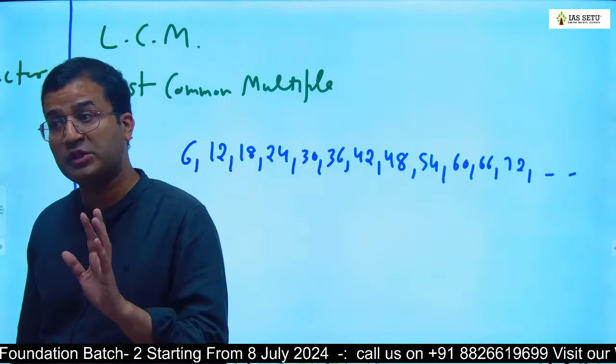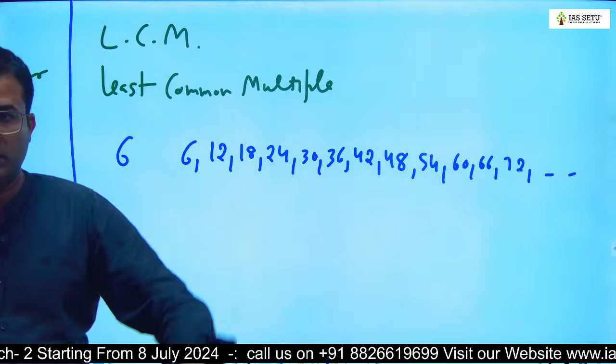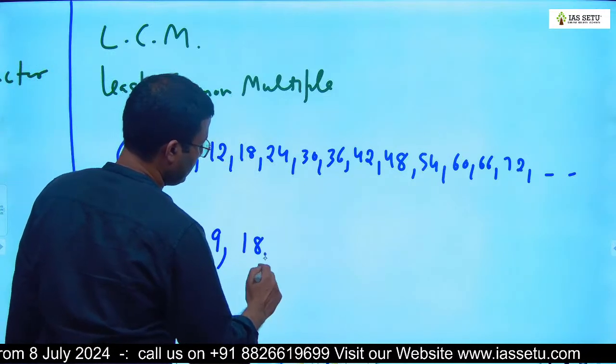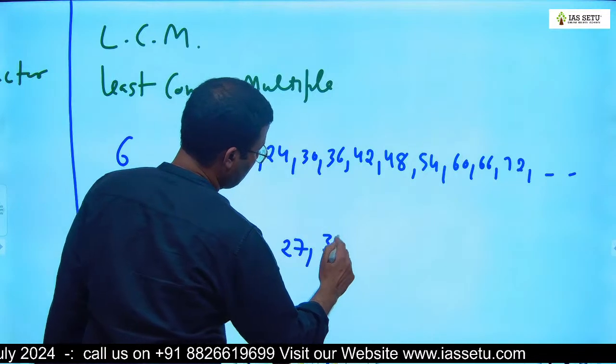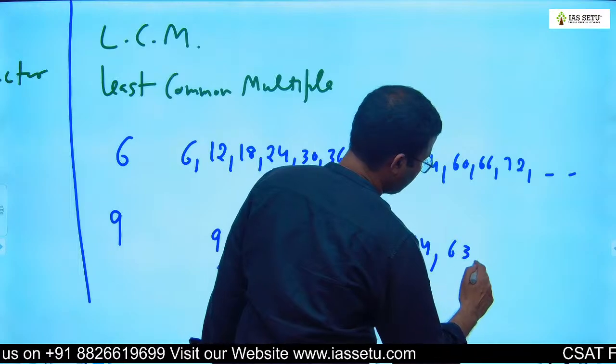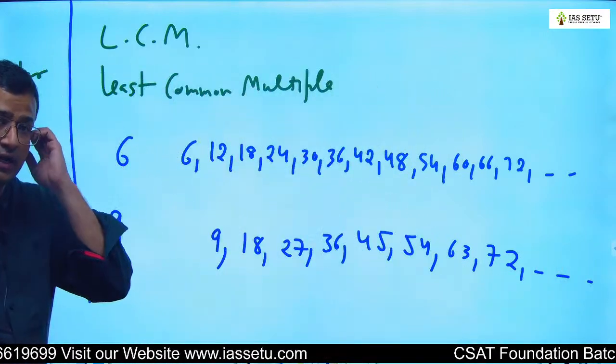Infinite. Multiple जो होते हैं चलते जाएंगे. Similarly, multiples of 9: 9, 18, 27, 36, 45, 54, and so on. Infinite.